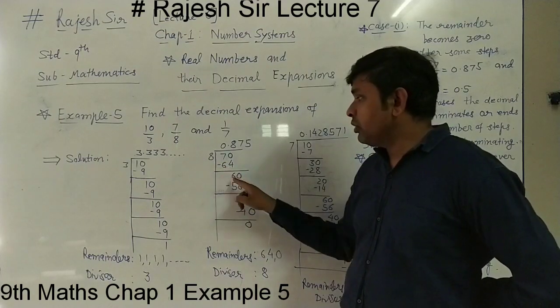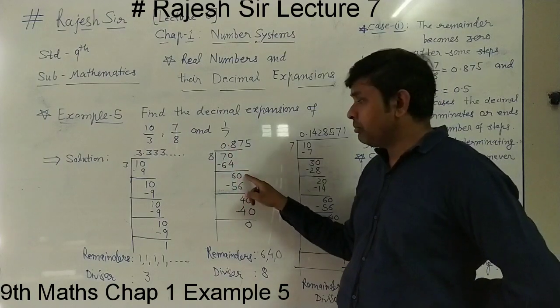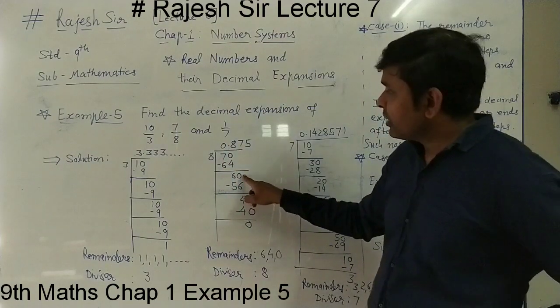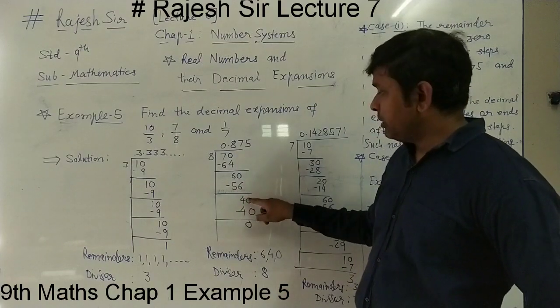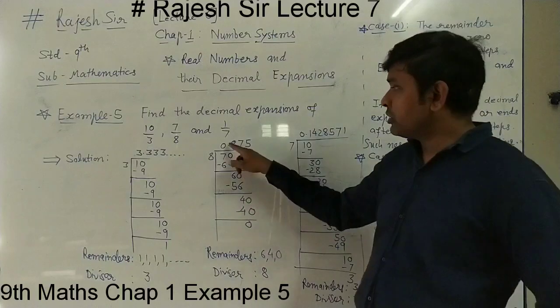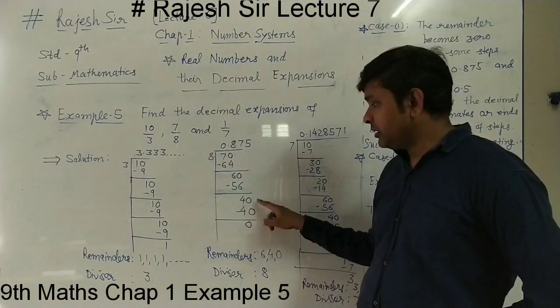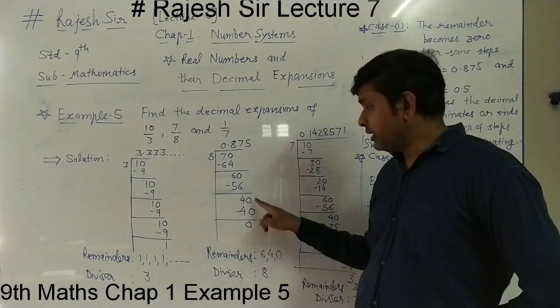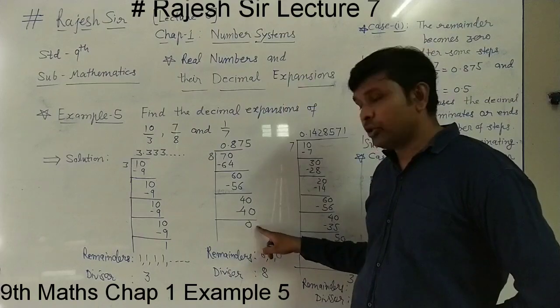Then again 8 will not divide 6, so with the point we take 0. 8 7s are 56, remaining 4. Because of the point we can take 0 again. 8 5s are 40, here we get 0. And here the division ends, because we get 0 as remainder.